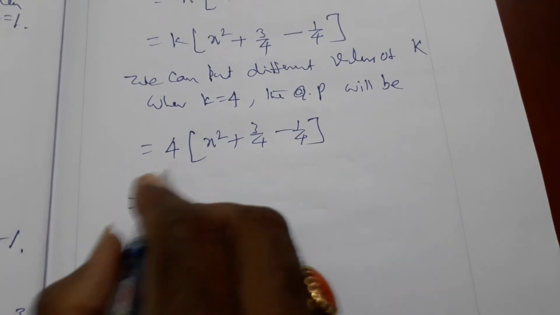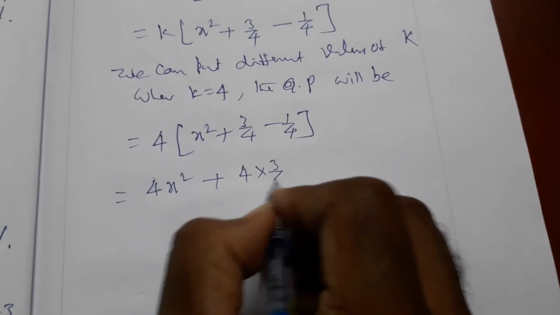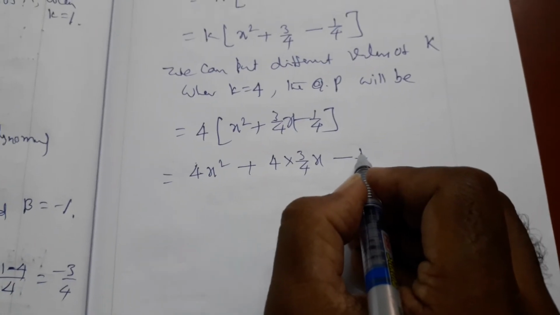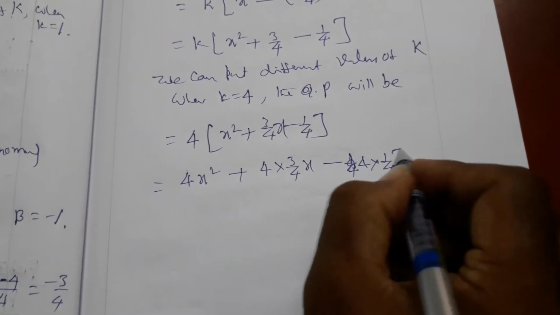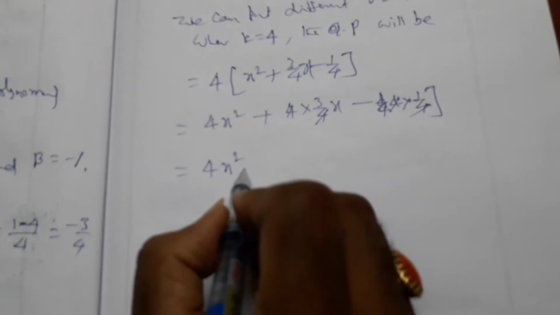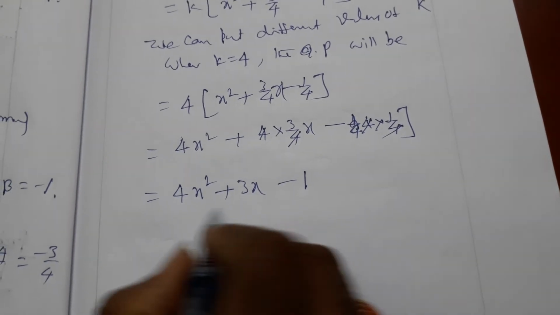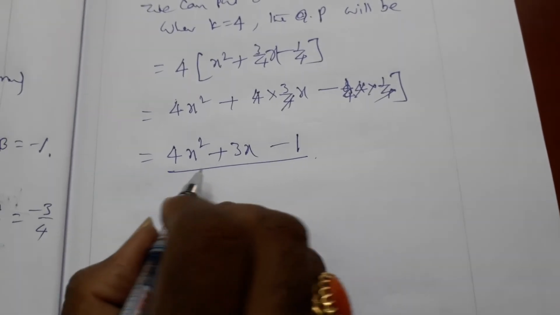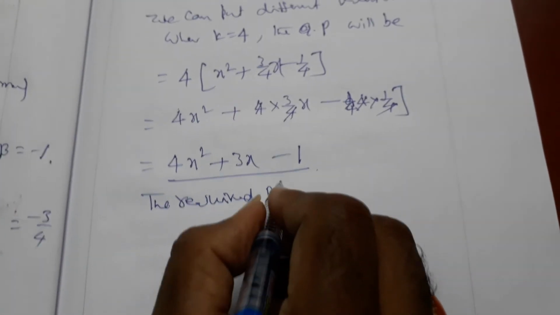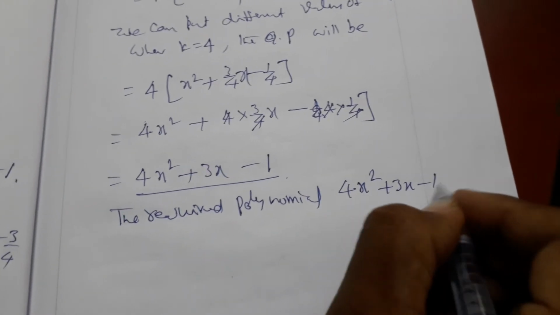By multiplying with 4, we get 4x square first term, plus 4 into 3 by 4 x, and minus 4 into 1 by 4. This 4 cancels, this 4 cancels. That equals 4x square plus how much here? 3x minus 1. This is the required polynomial. Therefore, the required polynomial for this problem is a quadratic polynomial, 4x square plus 3x minus 1.